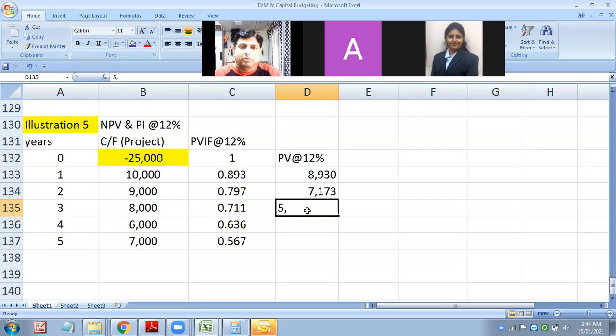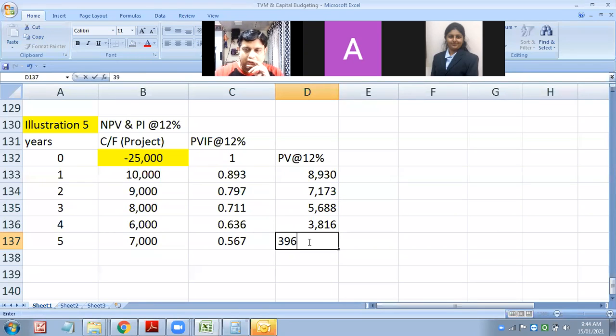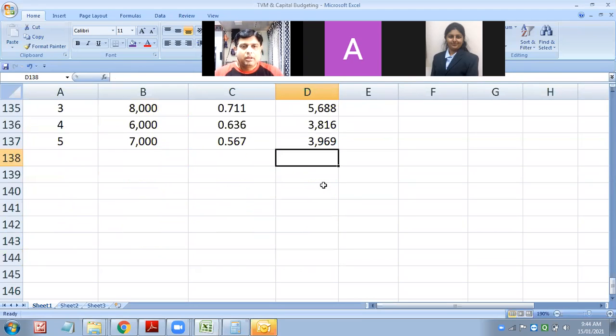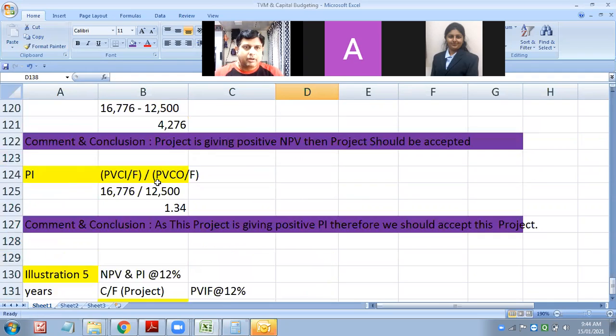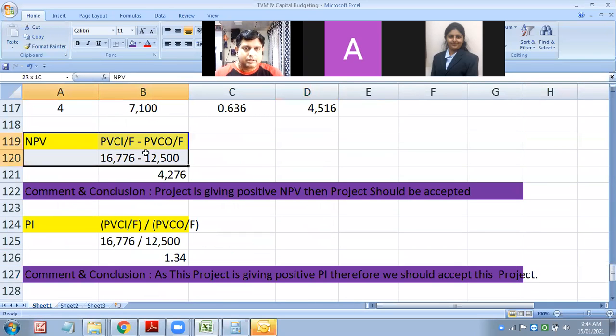Why does it take so much time? Don't you write in the notebook? This much time, 5688, it should not take. Sir, correct. 5688. 3816. Next, 3969. So again, I will apply this. 29,576.